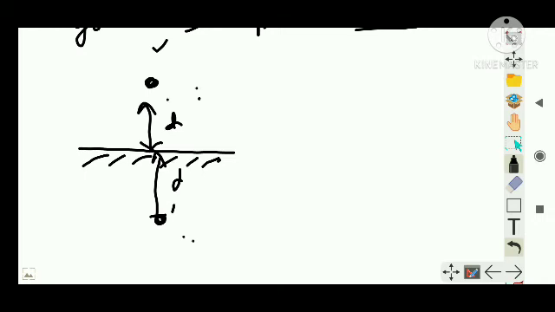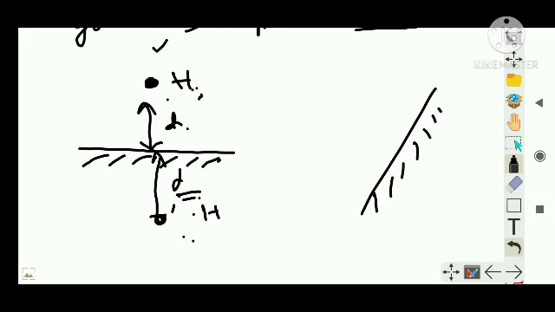In the case of a plane mirror, if the distance of the object from the mirror is d, the image will have the same distance from the mirror. Similarly, if the size of the object is h, the image will also have the height h.